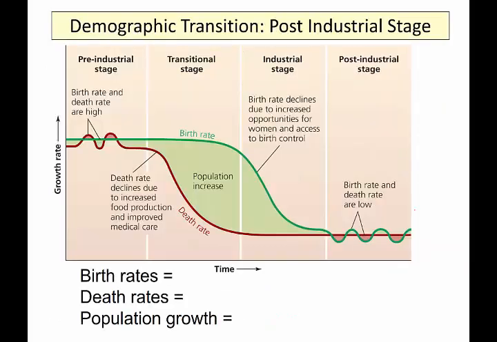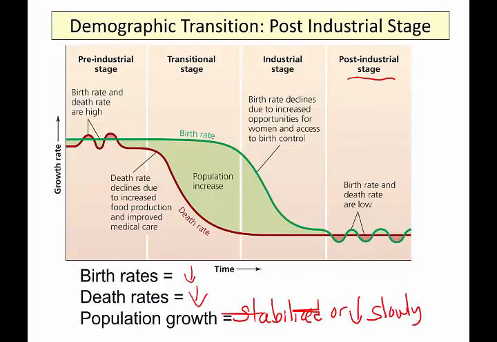The last stage is called the post-industrial stage, so we're over here. And now you can see that the birth rates are low and the death rates are low. So at this point, population growth is stabilized, because you have equal numbers of birth and death, or sometimes it is even decreasing slowly because the birth rates might be actually below the death rates.